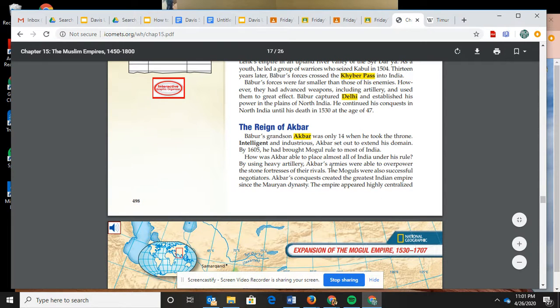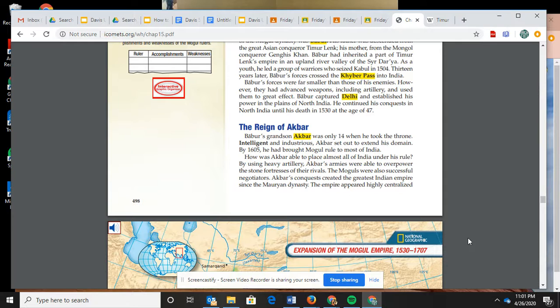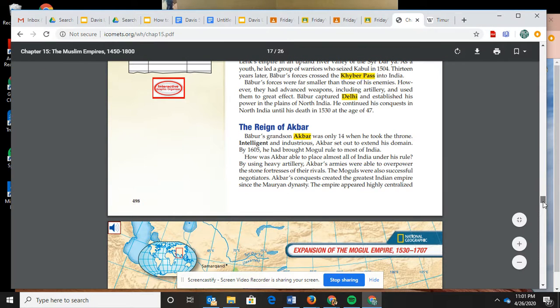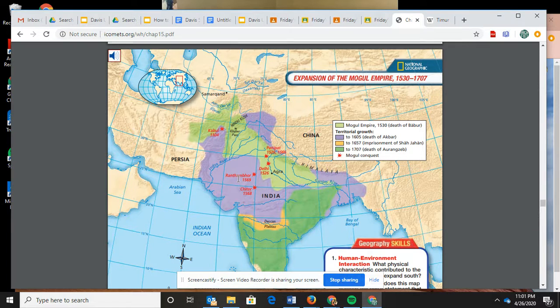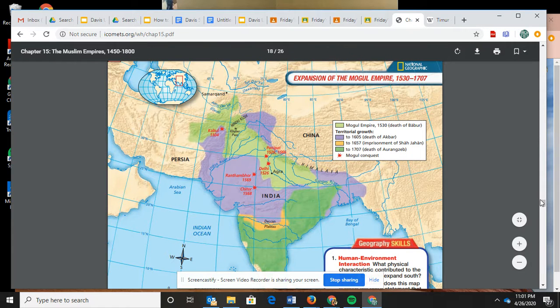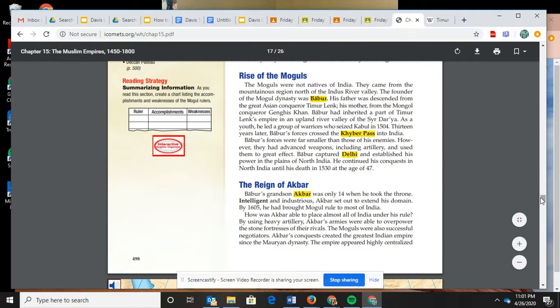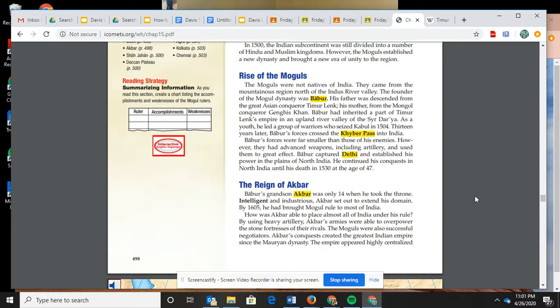And these three religions we looked at today are all forms of Islam. But they were Sunni Islam, and they ruled over a majority of Hindus. Now, Akbar the Great, we talked about in class. Why was he great? Because he let people be who they were.